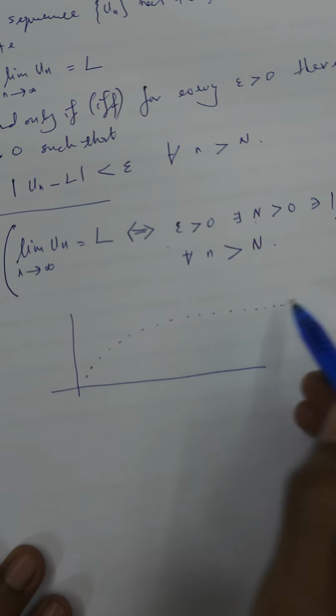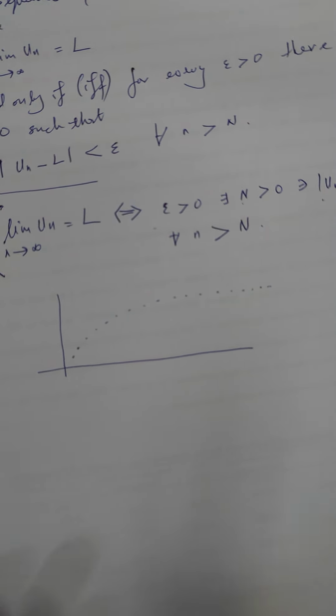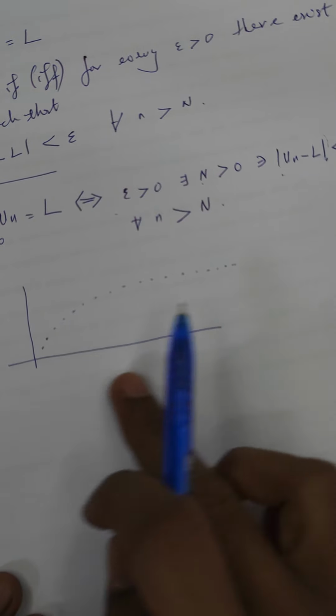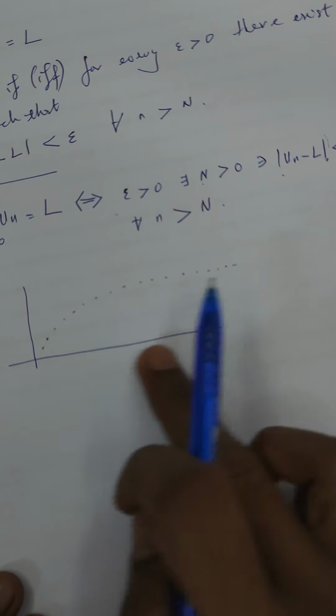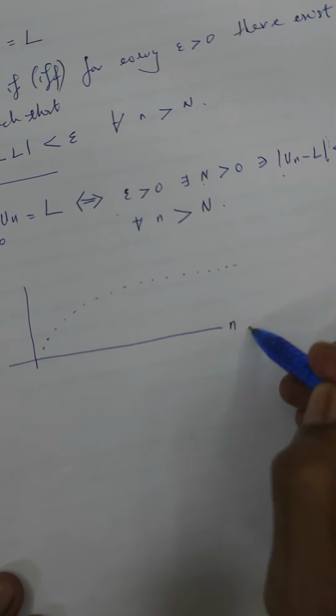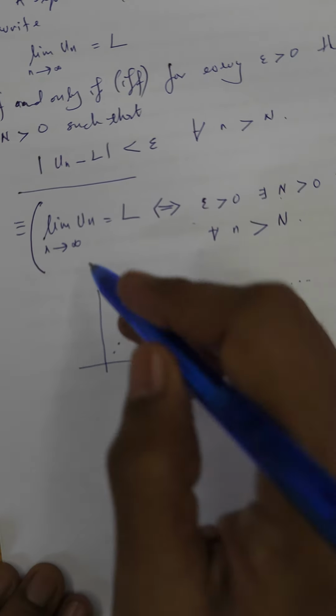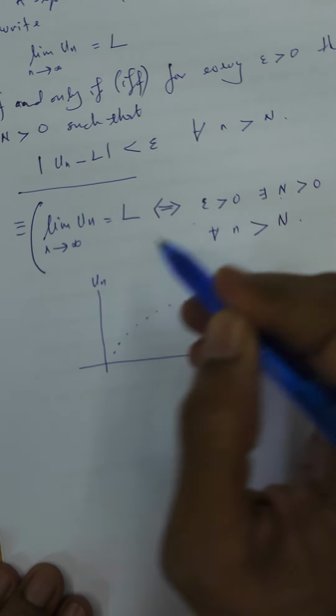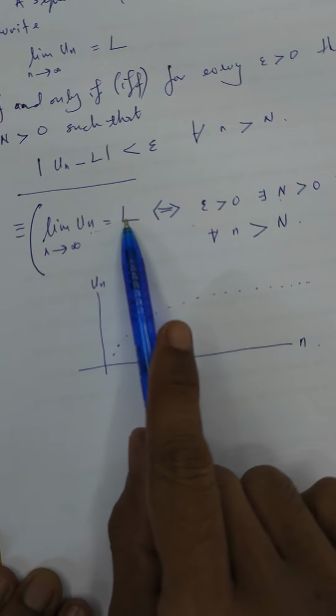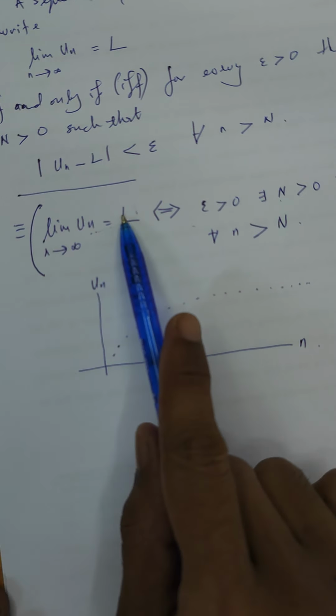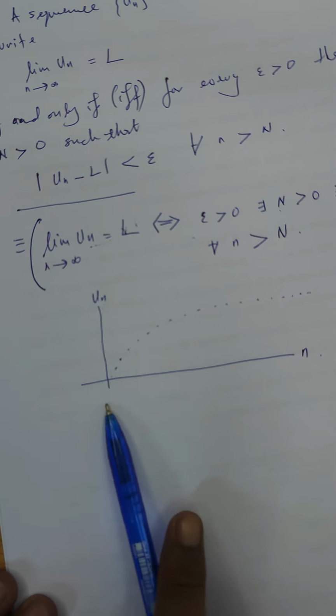So as we can see, this is the n, and this is our un. And what is L? L is the limit of that sequence, which means our L indeed exists.